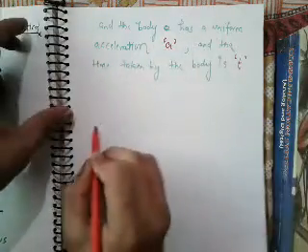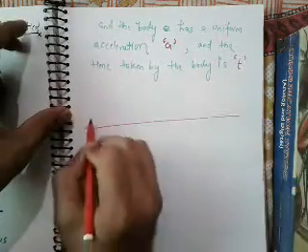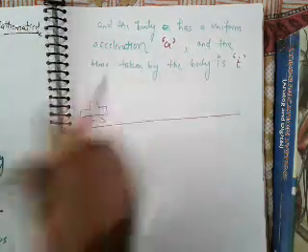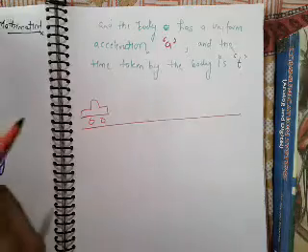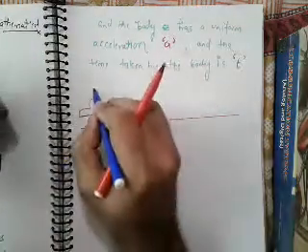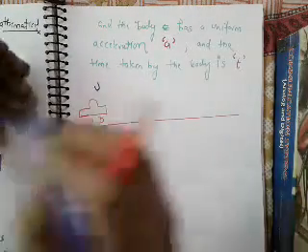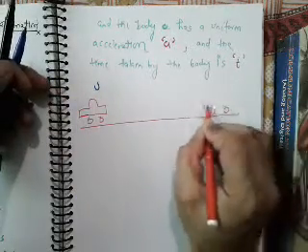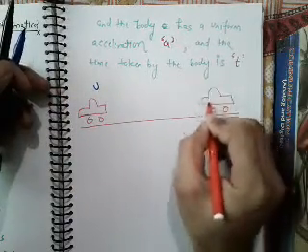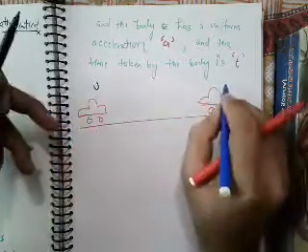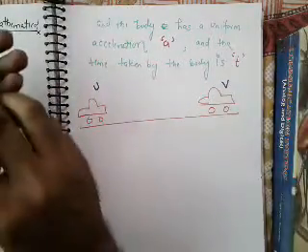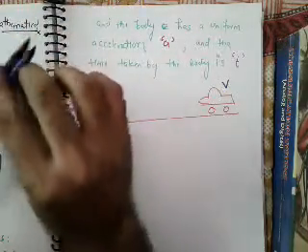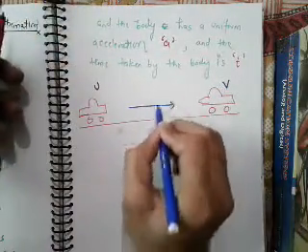You can also assume, like in a figure, that a car is moving with some initial velocity u, and after some time t, the final velocity of the car becomes something different, v is different from u, because there is some acceleration. It moves from left towards right.